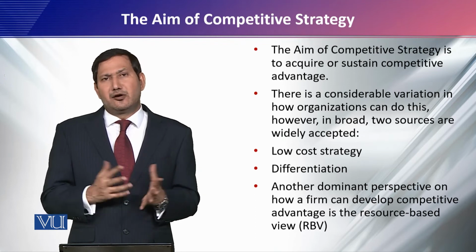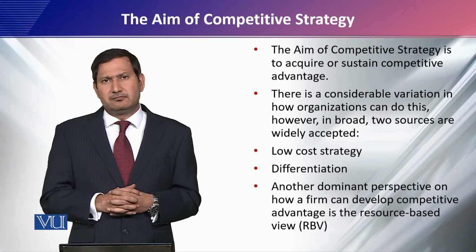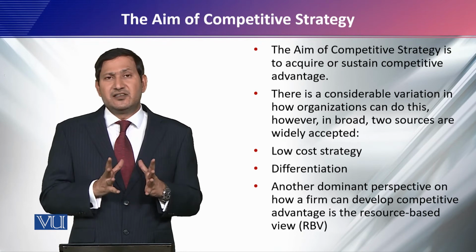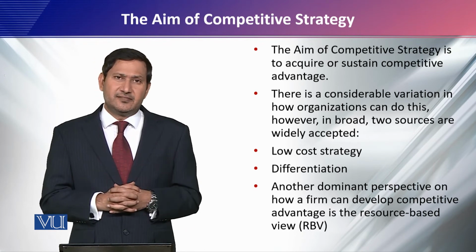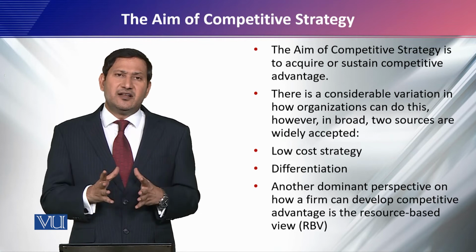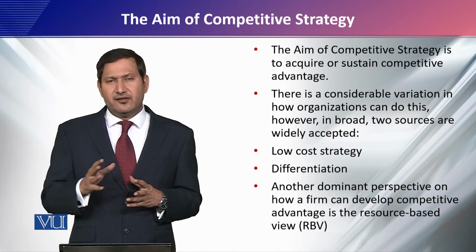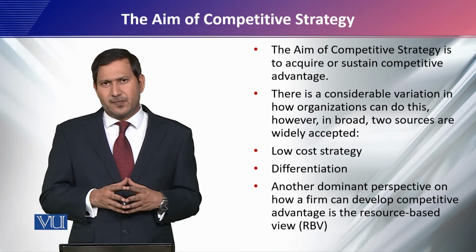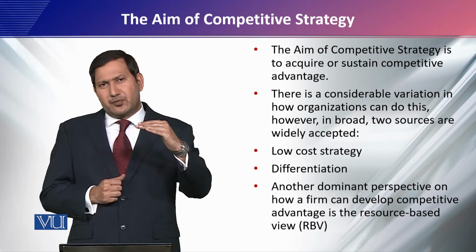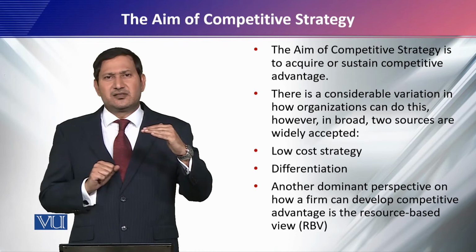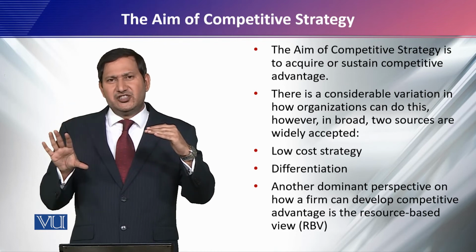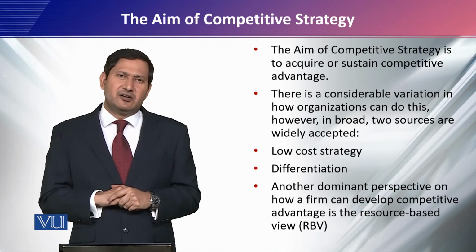Similarly, the Rolex watch is a differentiated product. Its quality is totally different, or its market is totally different from the rest of the competitors. So you differentiate your product from others. When you are able to differentiate, you have a competitive advantage.